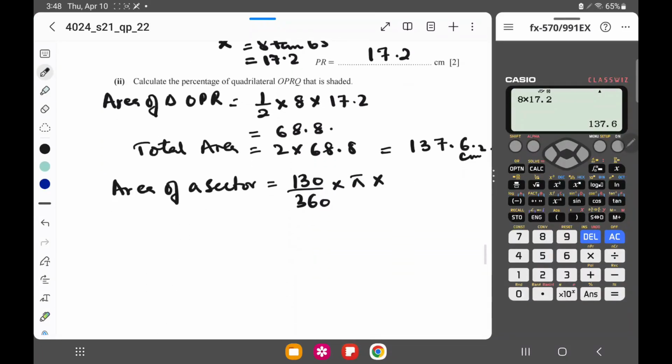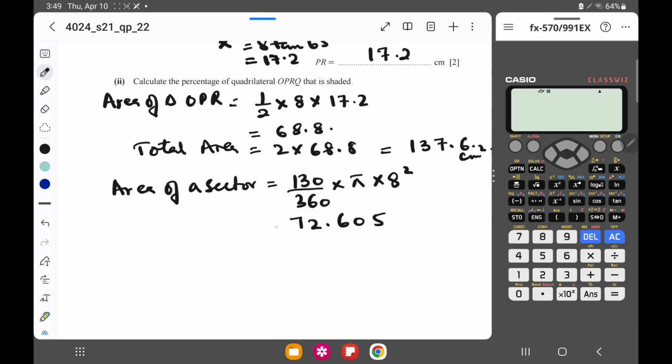Rather than finding it for 65 and doubling it, you can find it once as well. So 130 times pi into 8 square divided by 360 equals 72.605.